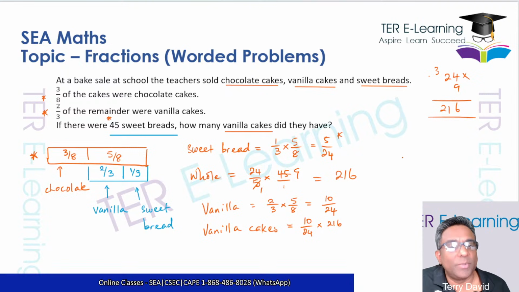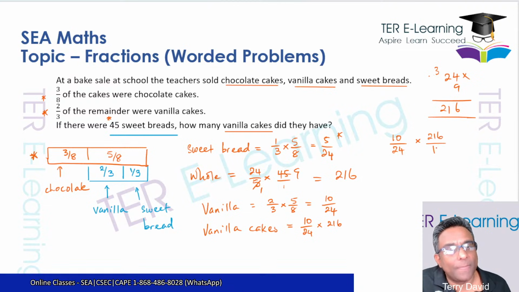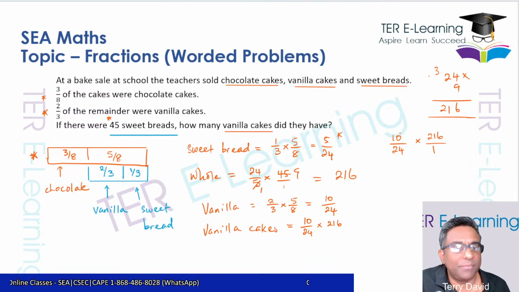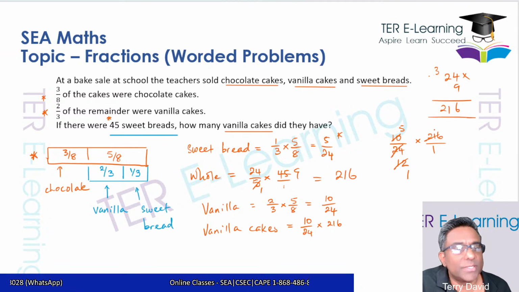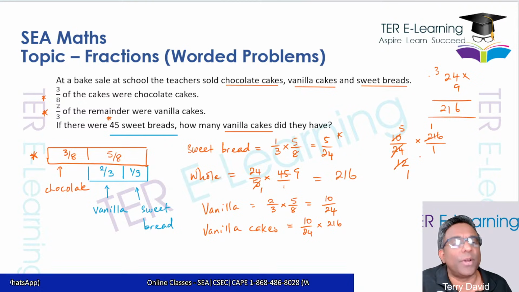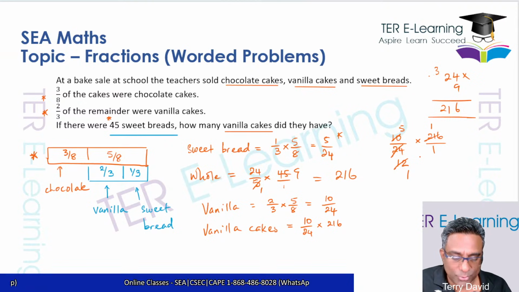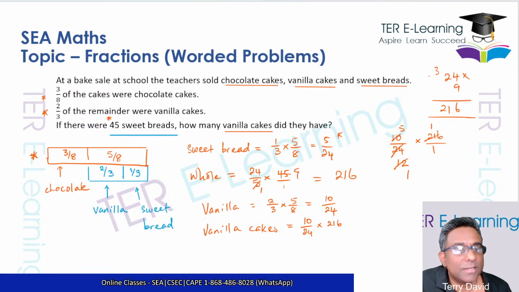What I normally tell students to do, if you are having trouble multiplying this out, is to see what can go into what first. First of all, this fraction could be reduced, so this could be 5 and this could be 12. Then we see how many times 12 can go into 216. 12 goes in once, that's 12. Then 21 minus 12 is 9, so that's 96, and this will be 18.